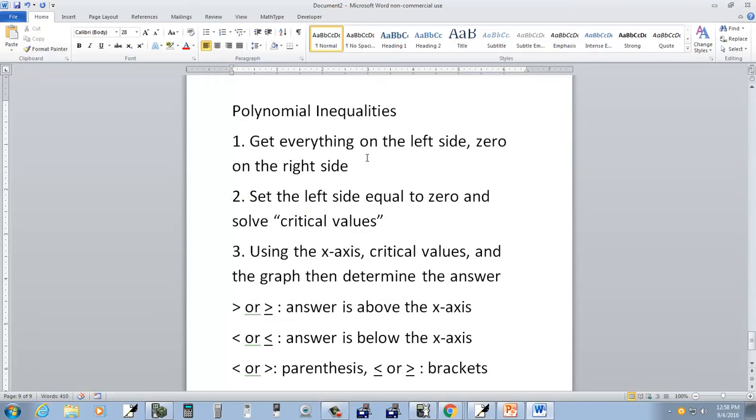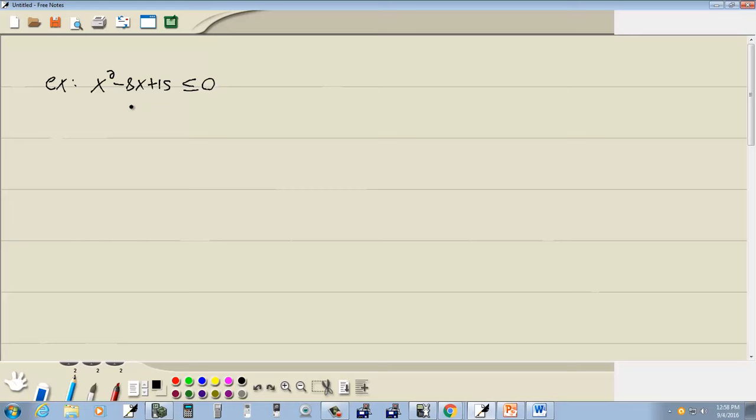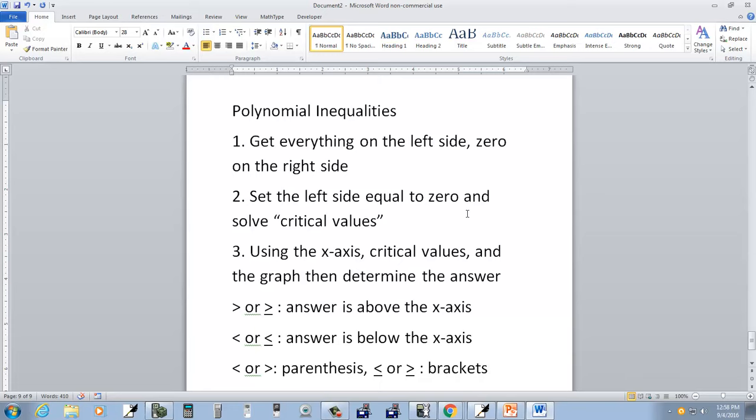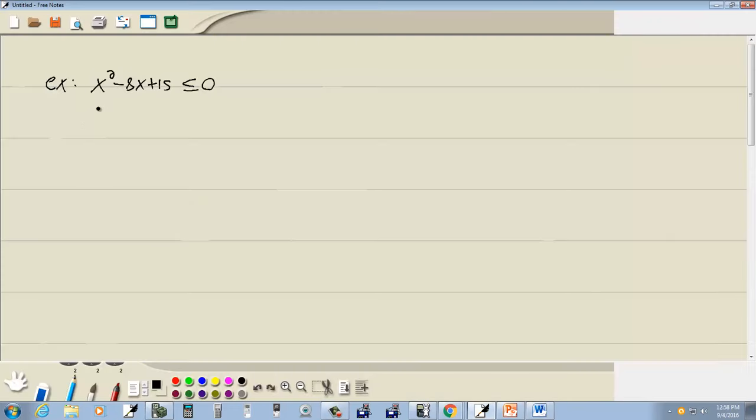Step 1. Get everything on the left side, 0 on the right side. That's done. This process does not work if you don't have a 0 over here. Step 2. Set the left side equal to 0 and solve. So we're going to set the x squared minus 8x plus 15 equal to 0 and solve this.